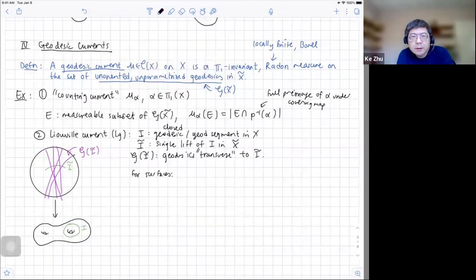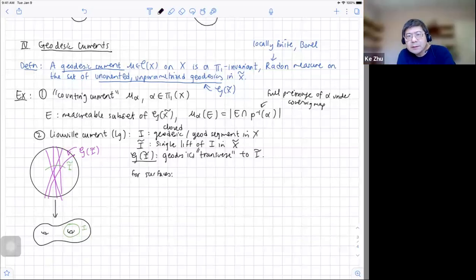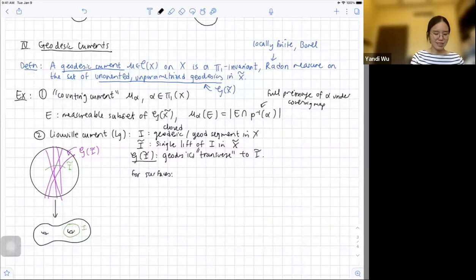Do you allow the geodesic on X to be closed or maybe generic? Which kind of geodesics are you considering? Do you mean the geodesics in script G of I tilde, or on X? On X, yeah. So these geodesics are just like any geodesics on a universal cover. They don't have to project to closed geodesics in your surface.